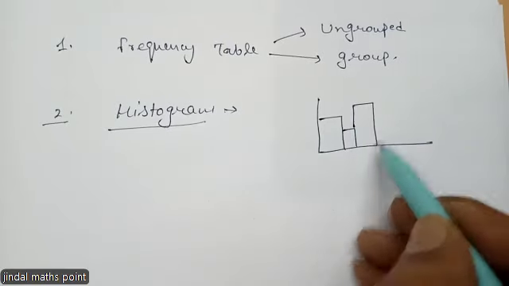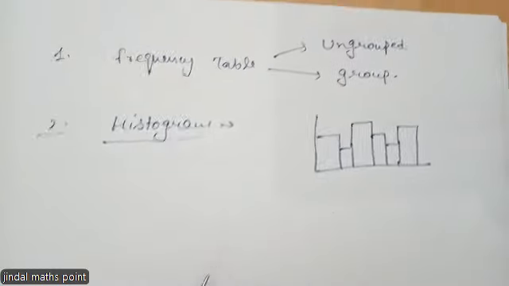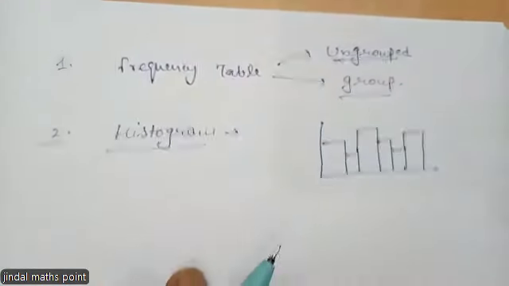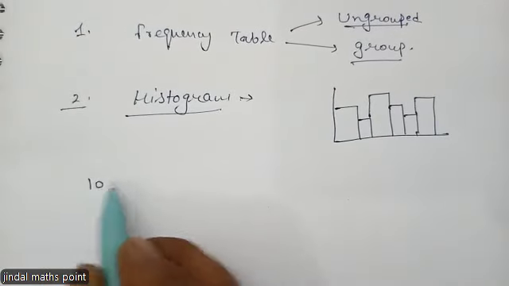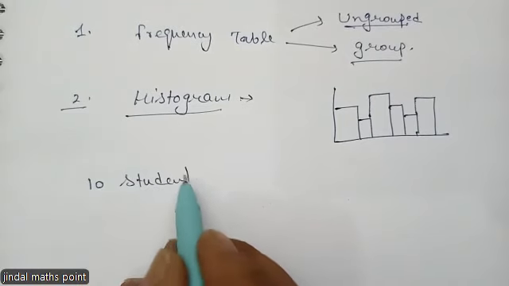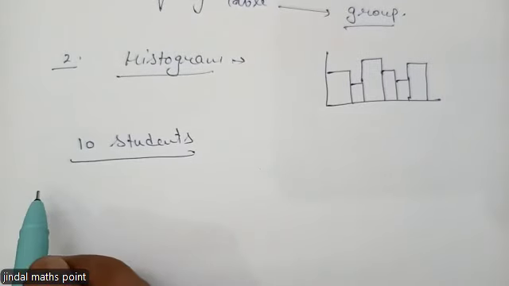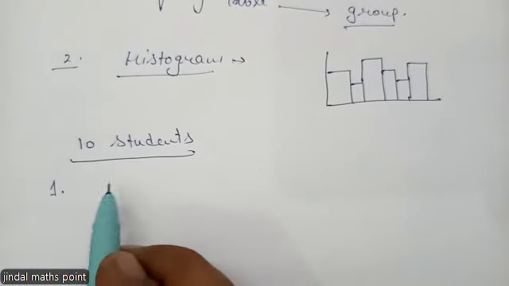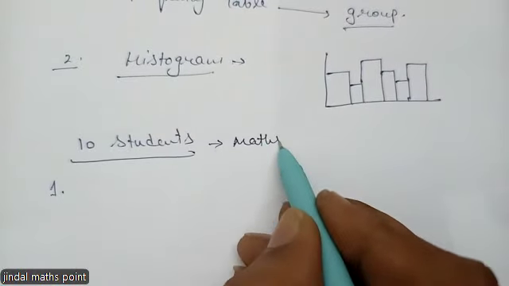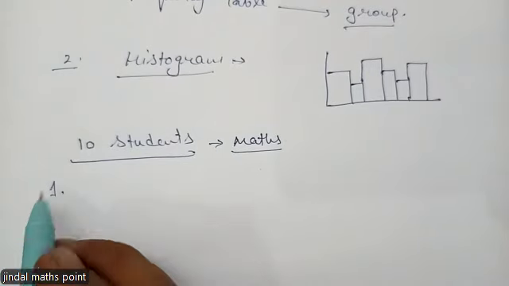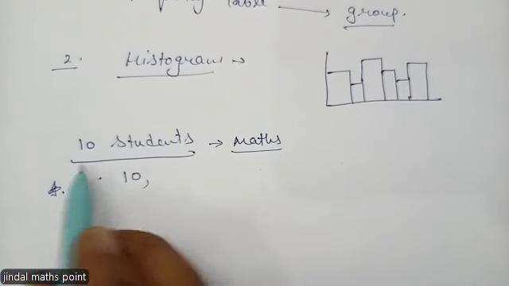Can you explain again what is grouped data and ungrouped data? Ungrouped and grouped. Okay. For example, there are 10 students in your class. Here is the data of a maths test of your 10 students. The first roll number scored 10 out of 10.